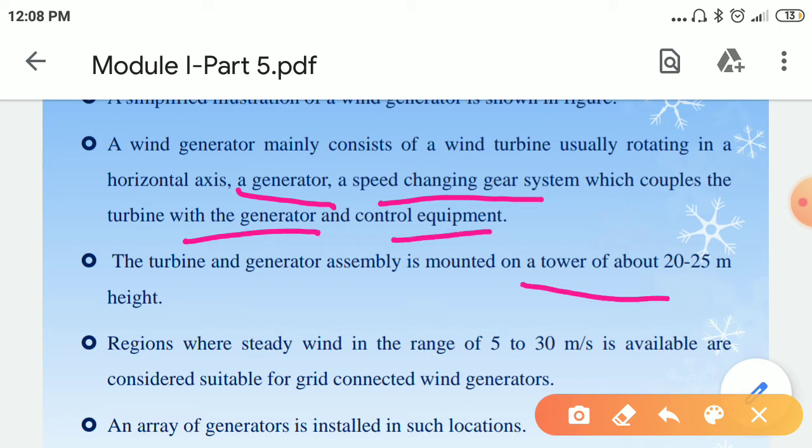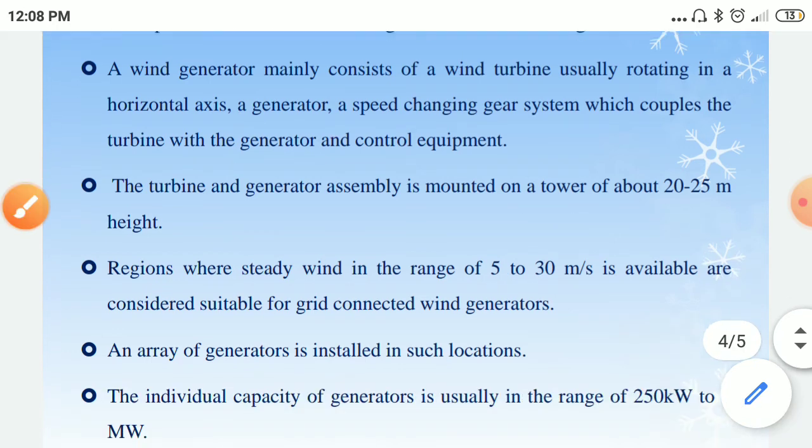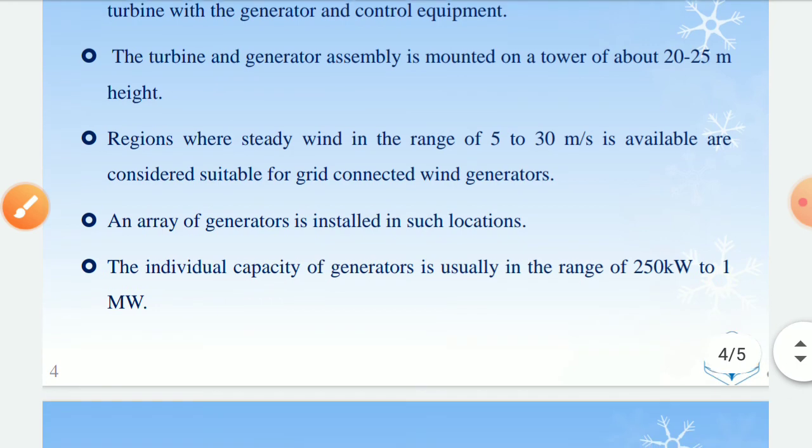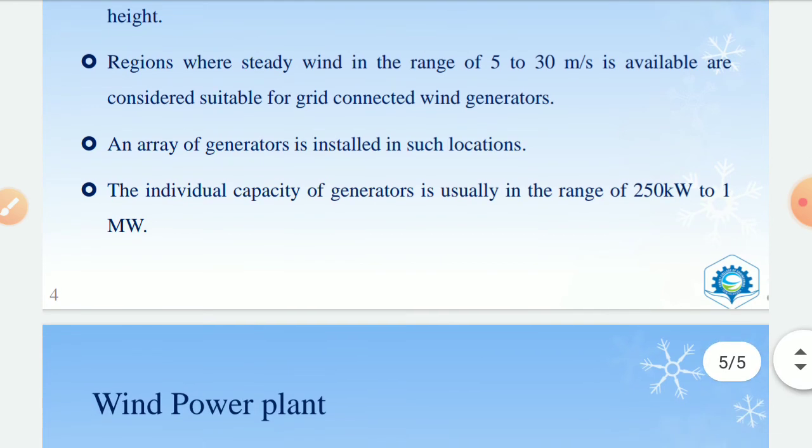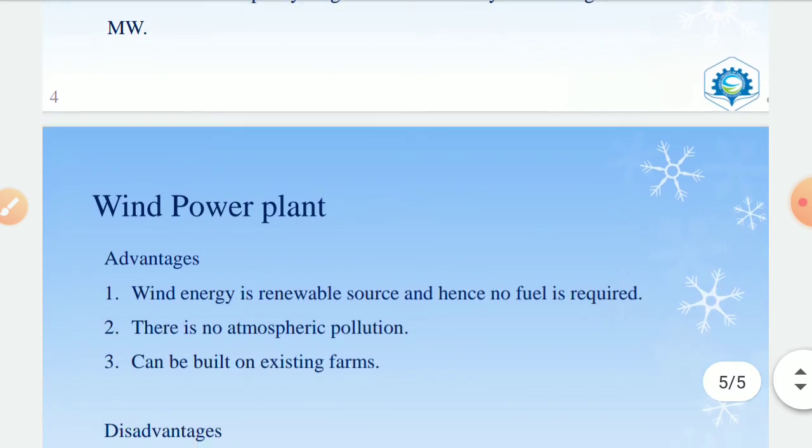It is mounted on a tower of about 20 to 25 meters height, and it is connected to the grid only if the wind speed is between 5 and 30 meters per second. If the wind speed is in this range, only then will we use it as a grid connected wind generator. An array of such generators is installed in such locations, and the individual capacity of each generator will be approximately 250 kilowatt to 1 megawatt.